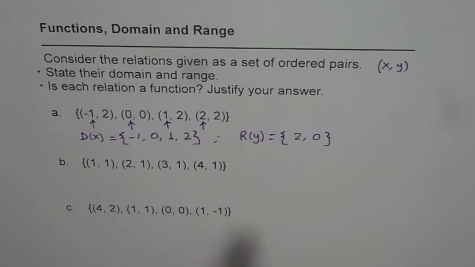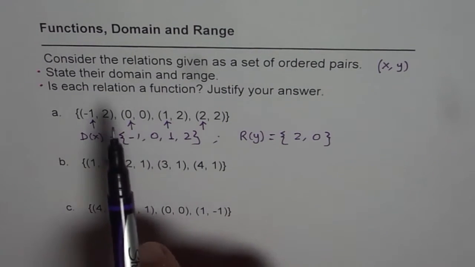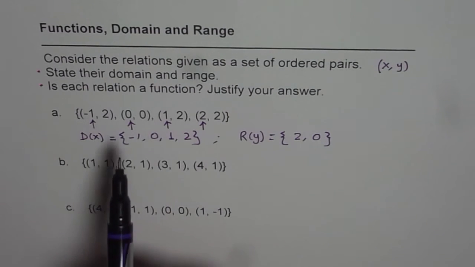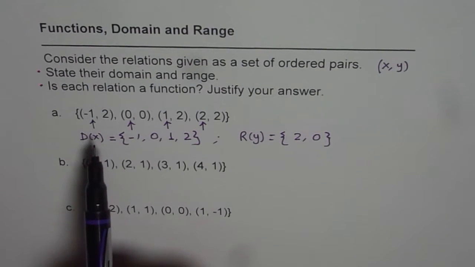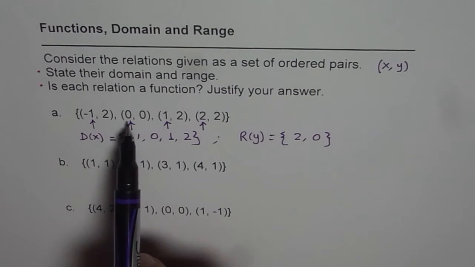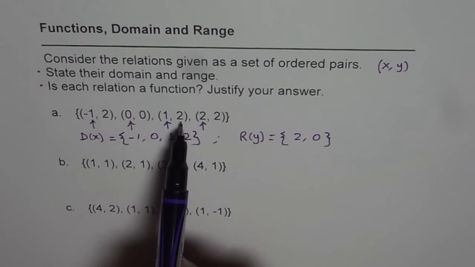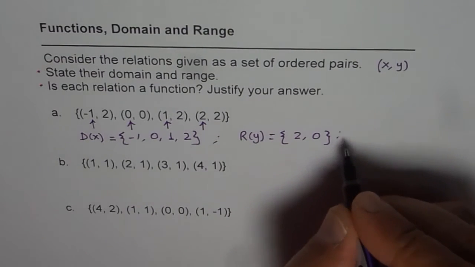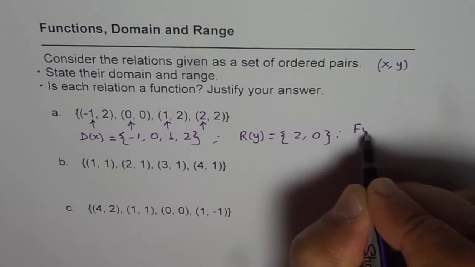The second part of this question is whether the relation is a function. It is important to note that every element in the domain is associated with just one element in the range, and therefore it is a function.